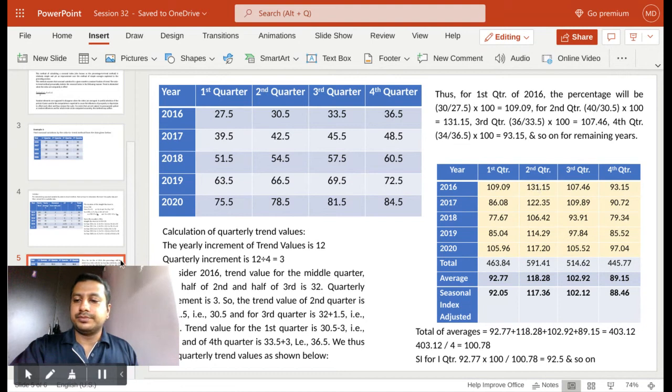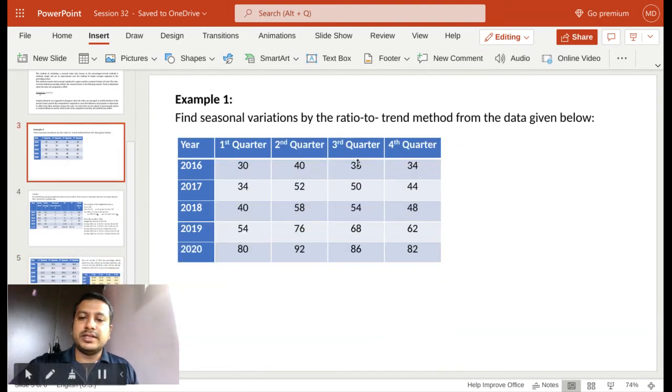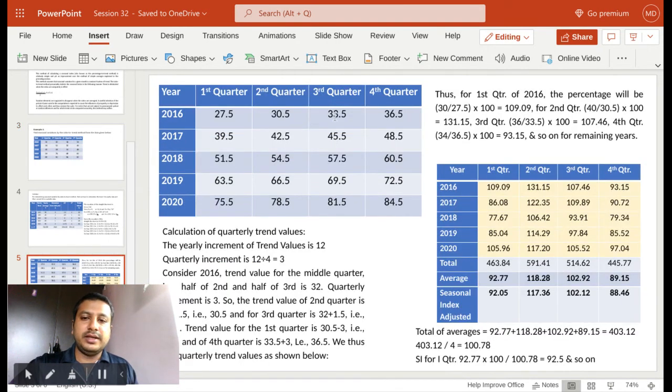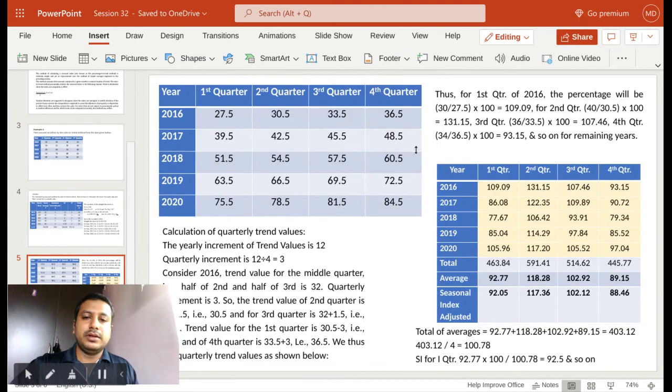Next, for the third quarter, 36 divided by 33.5 into 100, you will get 107.46. Last one, 34 divided by 36.5 into 100, you will get 93.15.